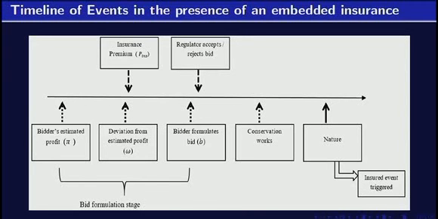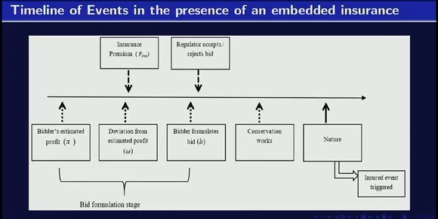And I'll just present the timeline with an insurance, what we're calling an embedded insurance, which is part of your contract. It's pretty much the same as you had before. You formulate your bid, and then in here you have your estimate, that's your magnitude of loss or gain. And then based on that, they will estimate your insurance.